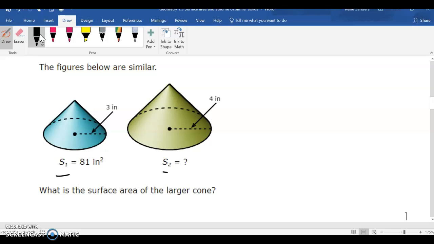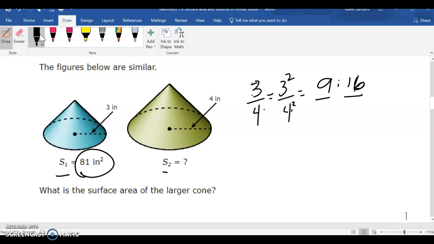What is the surface area of the cone? So we have 3 to 4 are the lengths. I am going to square those to get 9 to 16. I'm going to put the 81 underneath the 9 because that's where the 9 came from, the 3. Let me back it up.